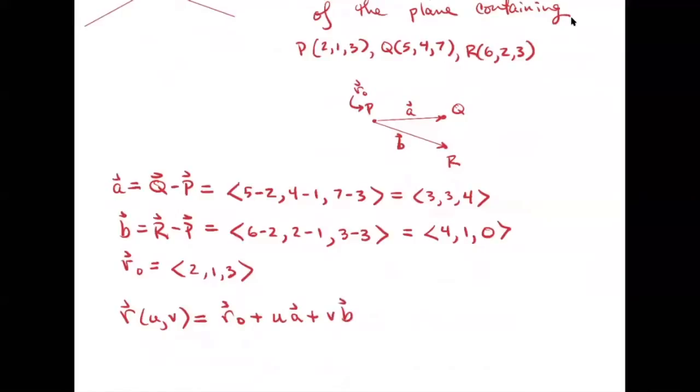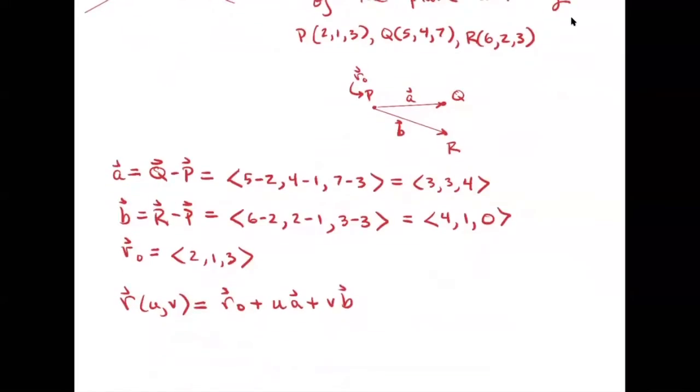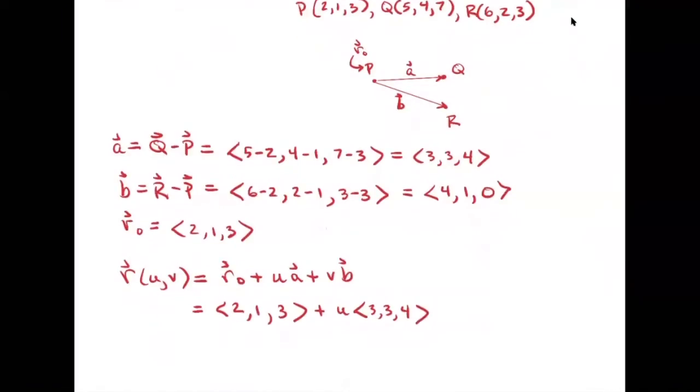Like that. So you could say 2, 1, 3 plus U times A, which is 3, 3, 4. And then plus V times 4, 1, 0.